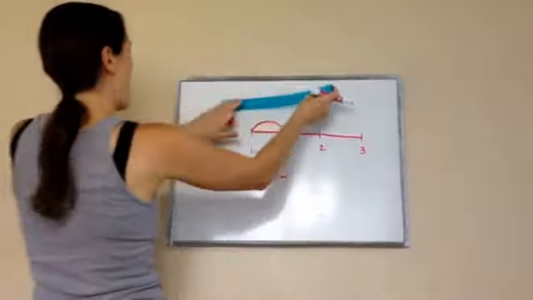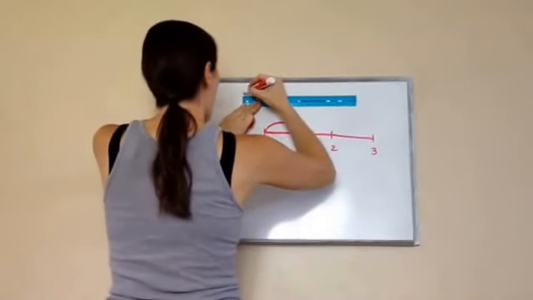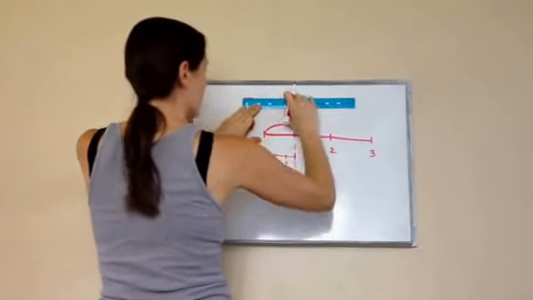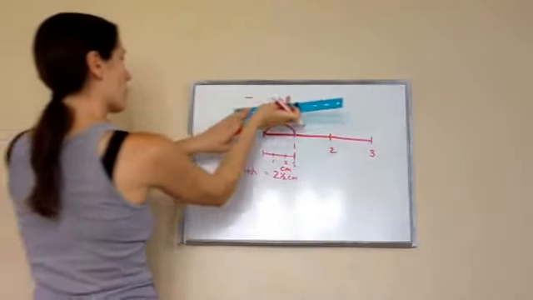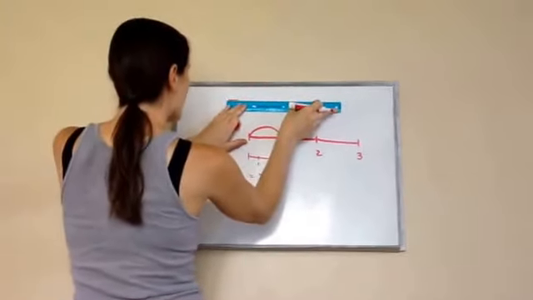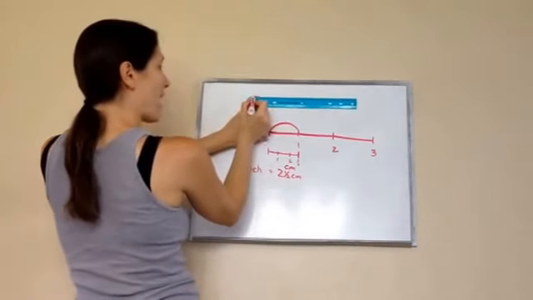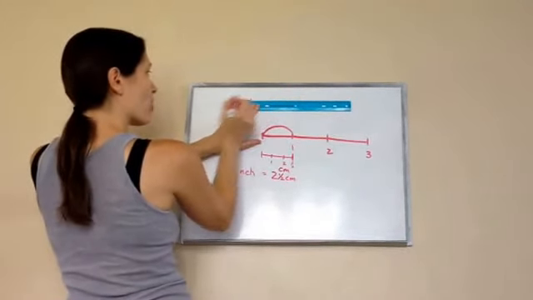So let me show you what it actually looks like on this board. This is 1 inch exactly. Okay? When I flip it around, this is 2.5. There's the half mark on the 2.